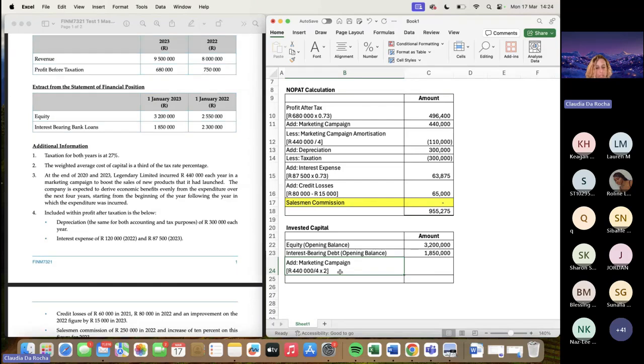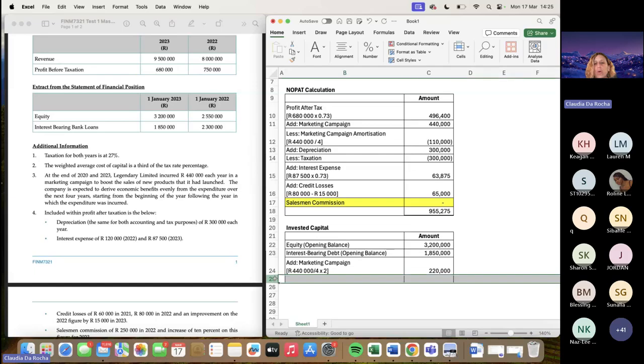So this one is a bit complicated. That is what we add, because that is what we've realized as an asset.